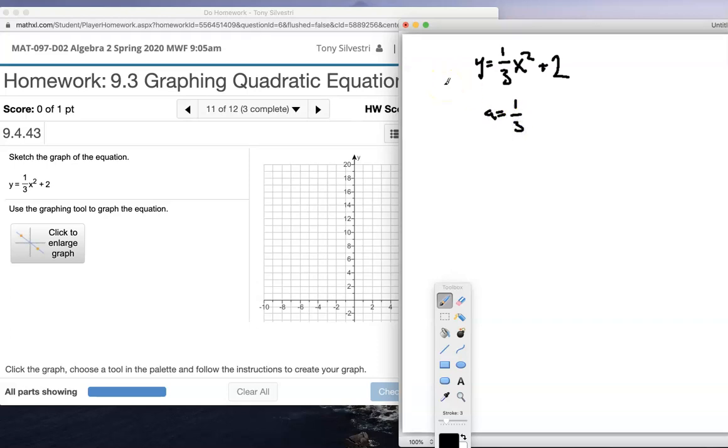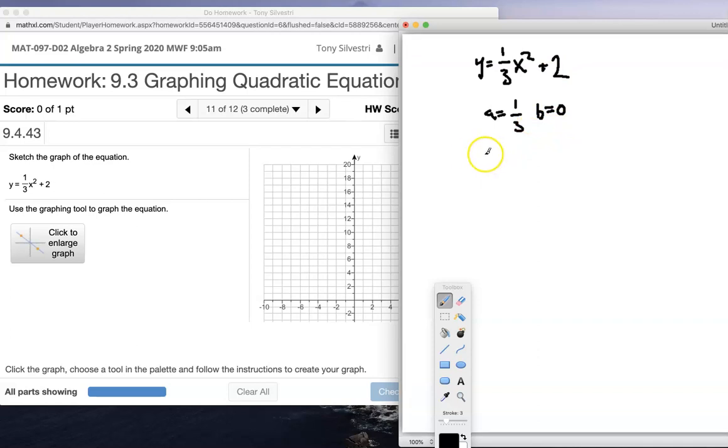What's my b? Don't say 2. B is the number in front of the x term. If there is no x term, it's implied that this equation has plus 0x. So b is 0. And I really don't care about that 2 because that 2 is always the c.